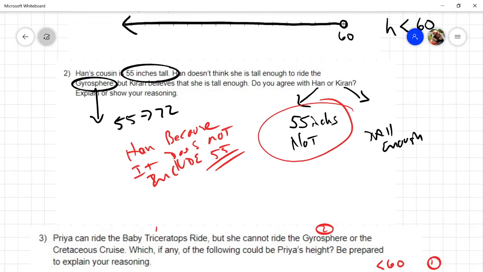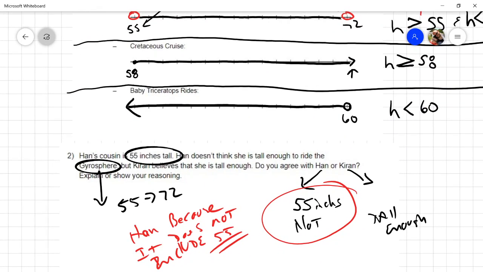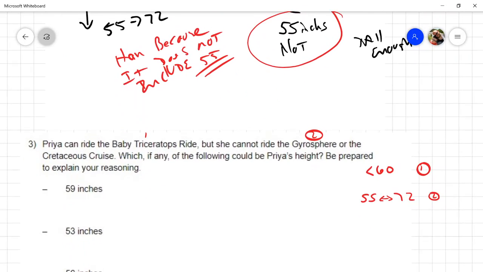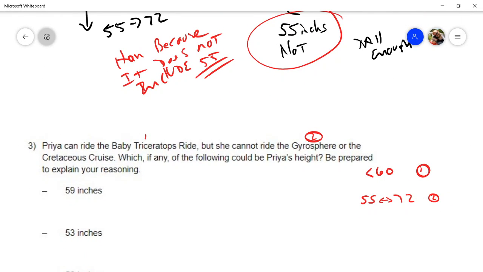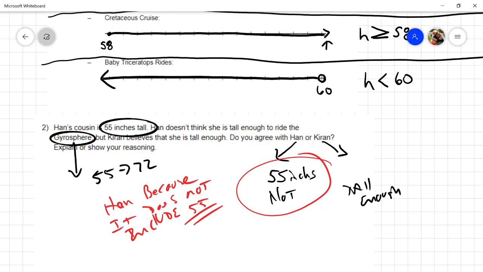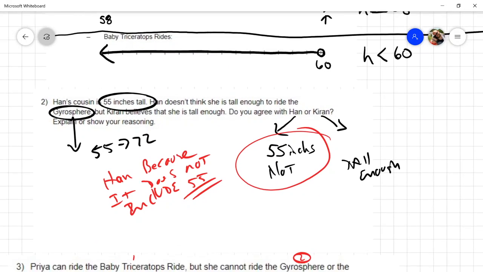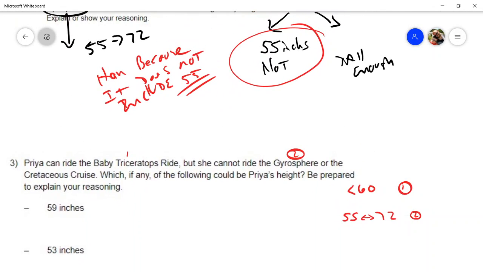And she can't ride the Cretaceous cruise, which is above 58. So can't do that one, can't do that one, can do this one.